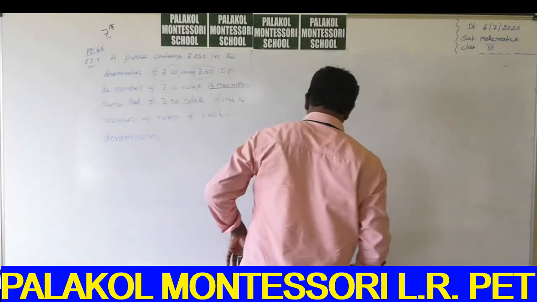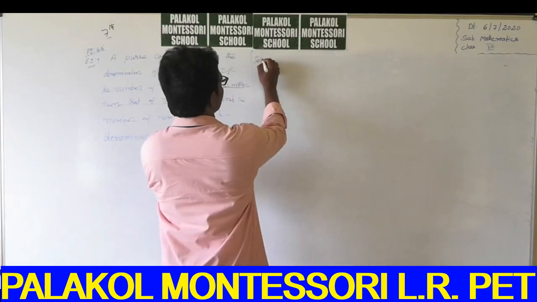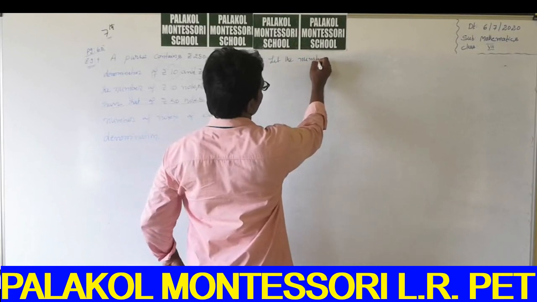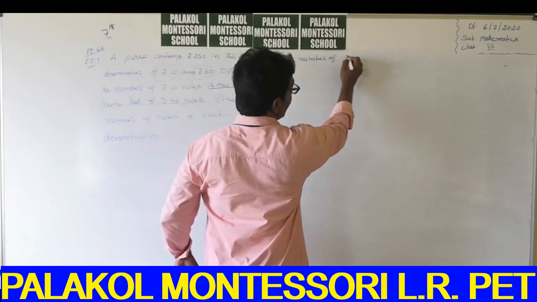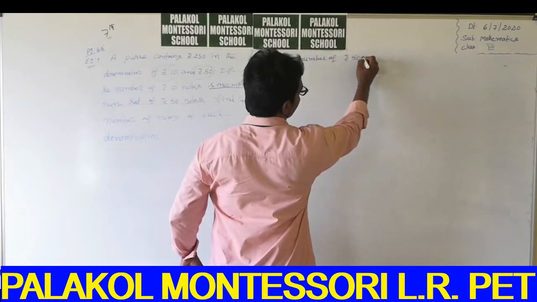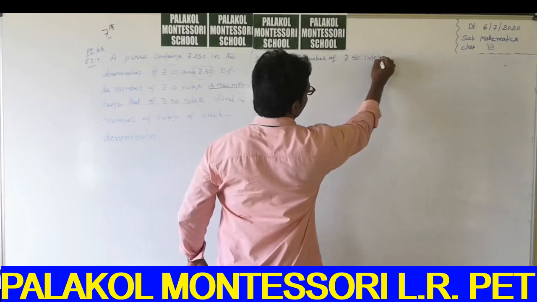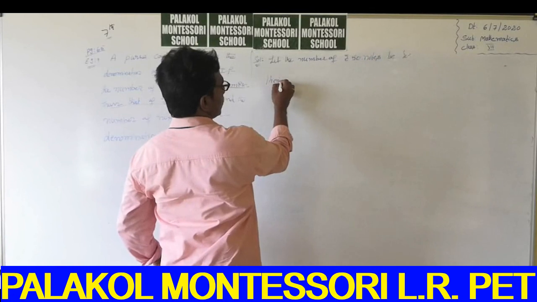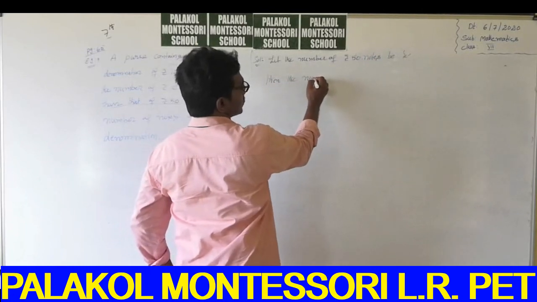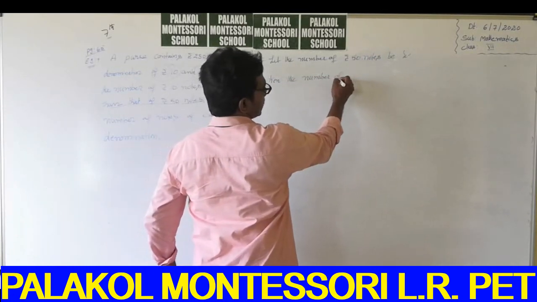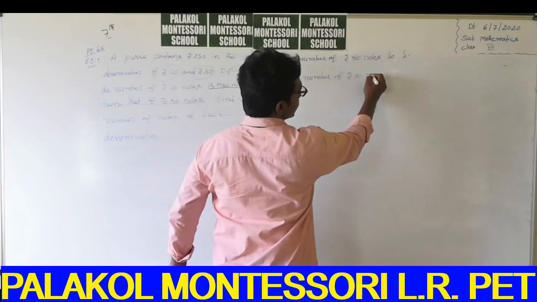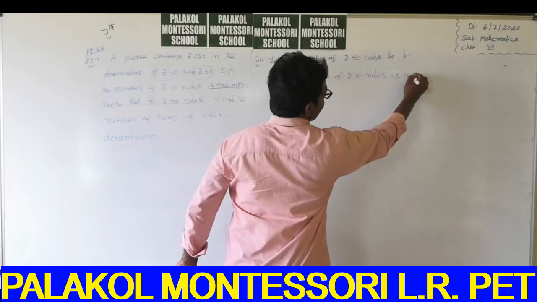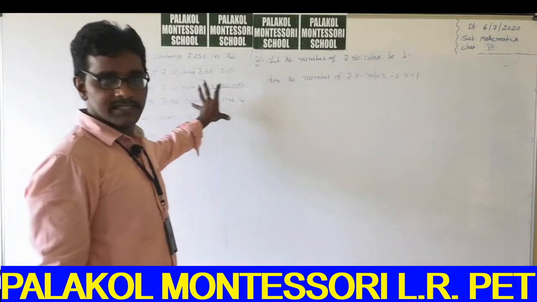Now, see, solution: let the number of 50 rupees notes be x, then the number of 10 rupees notes is x plus 1 according to the sum.